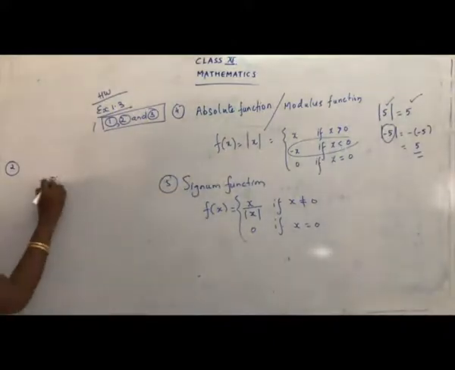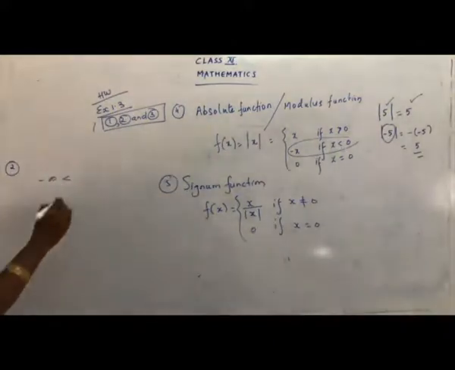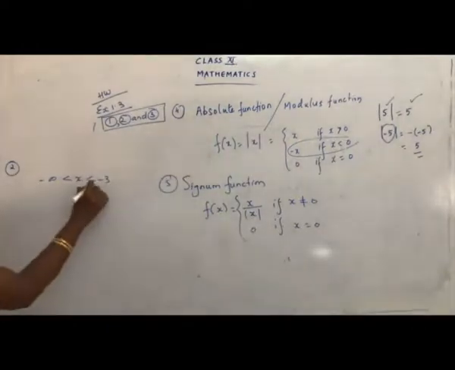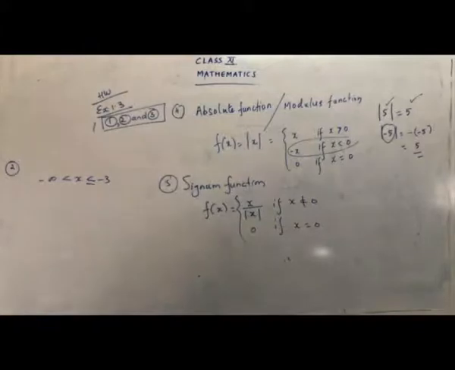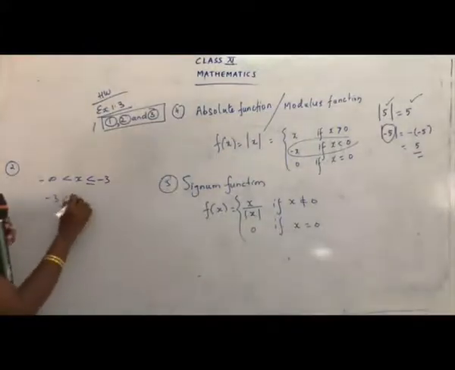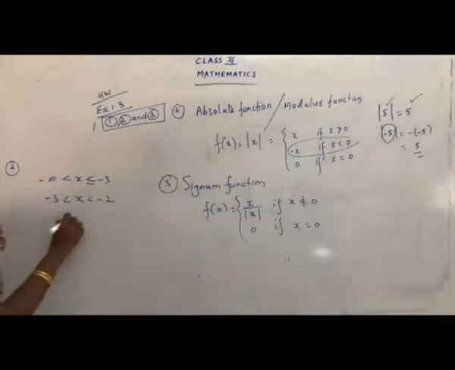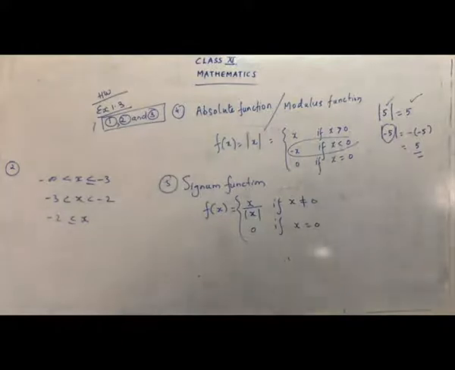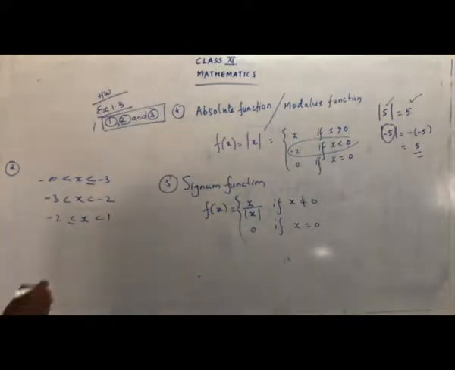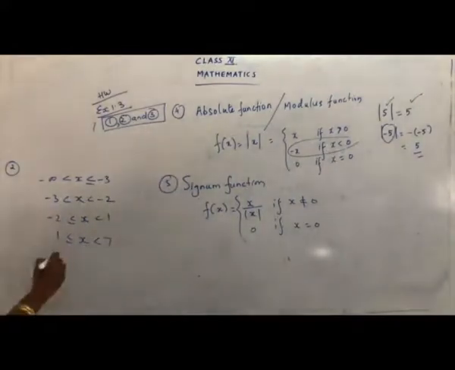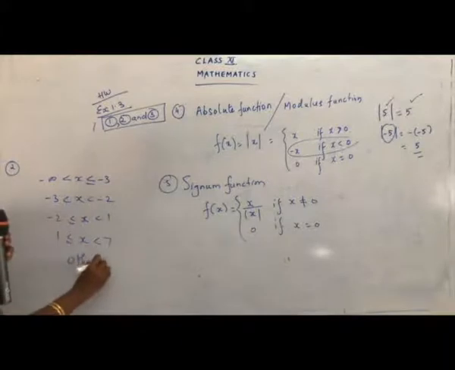We have -infinity less than x less than -3, -3 less than x less than -2, -2 less than or equal to x less than 1, 1 less than or equal to x less than 7, and otherwise. So we have such conditions.